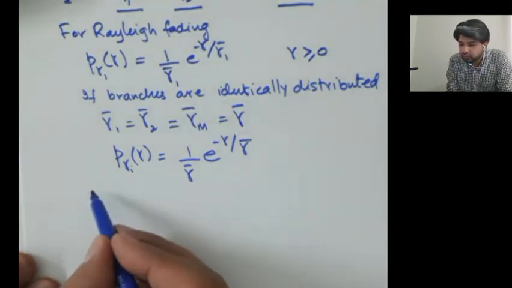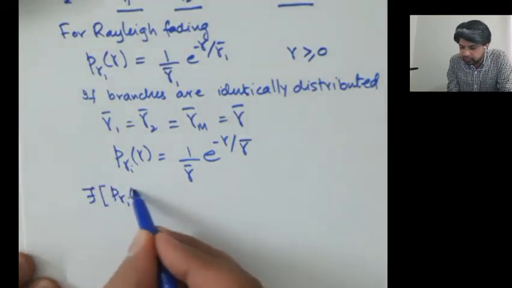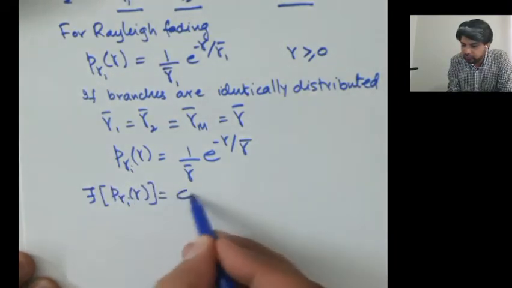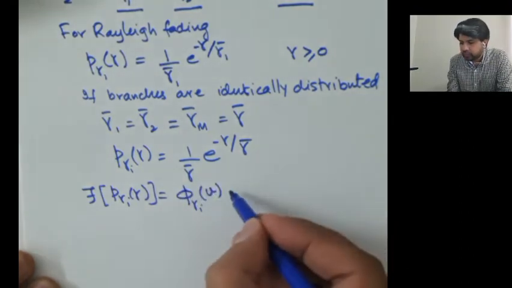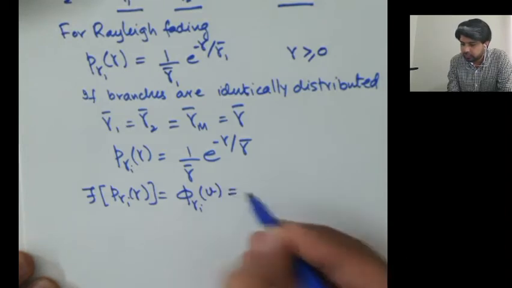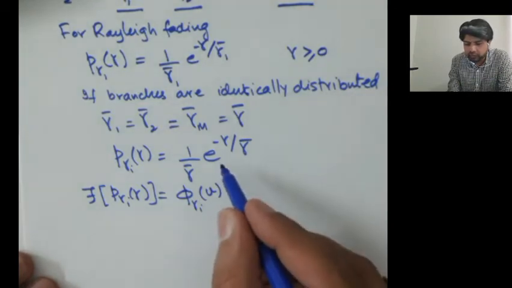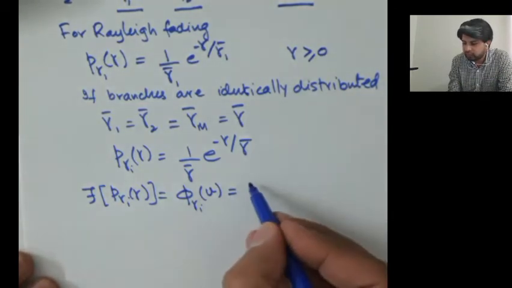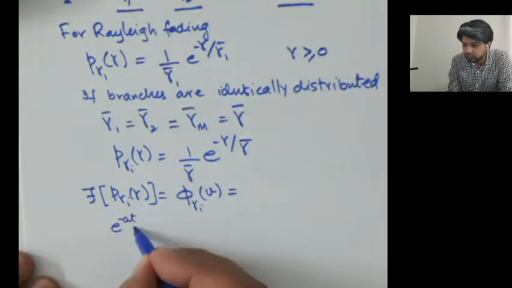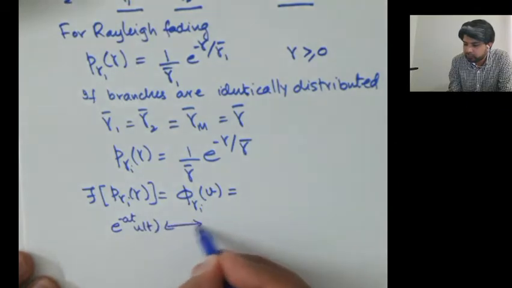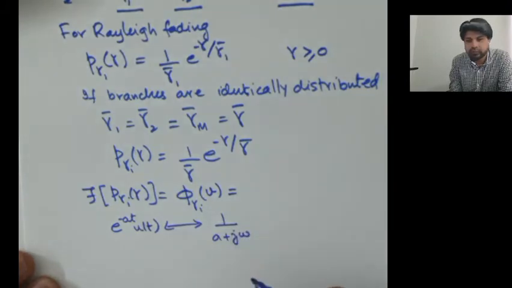Let me call the Fourier transform of P gamma I of gamma phi gamma I of V. For an exponential distribution, we know that e to the power minus a t u of t has a Fourier transform of 1 over a plus j omega, if omega is our frequency variable.